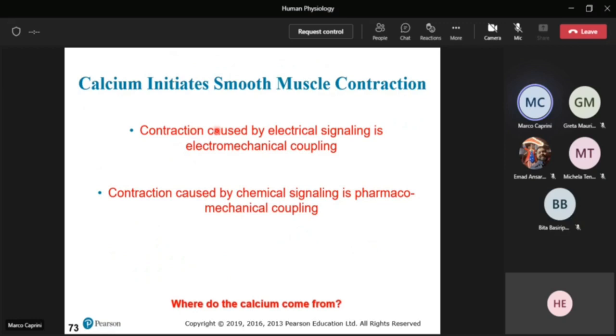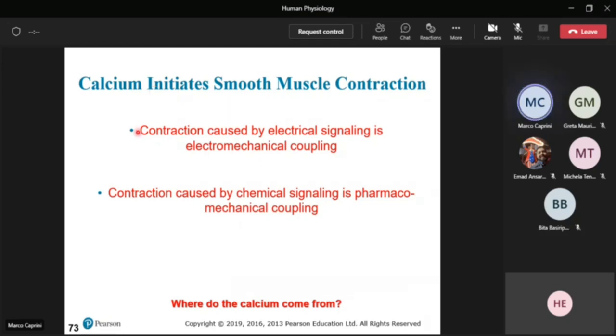The contraction is caused by electrical signaling, and we call it electromechanical coupling, or the contraction is caused by chemical signaling in pharmacomechanical coupling. We know that calcium initiates the smooth muscle contraction.